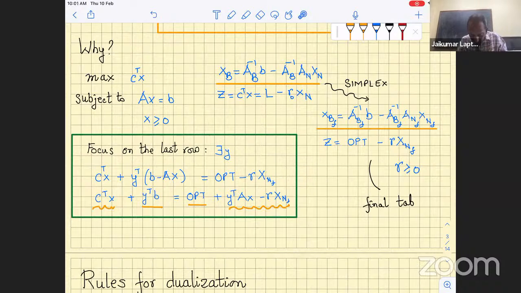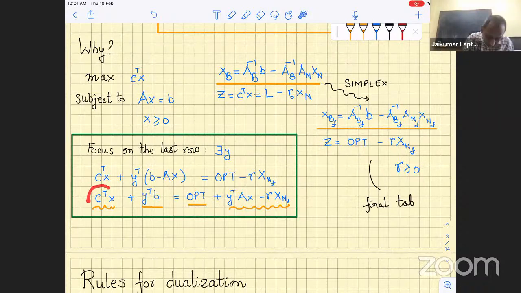Now, you see, this R is a vector of constants, but each of those constants is greater than or equal to 0. That means on the right-hand side, the basic variables have the same coefficient as in this.